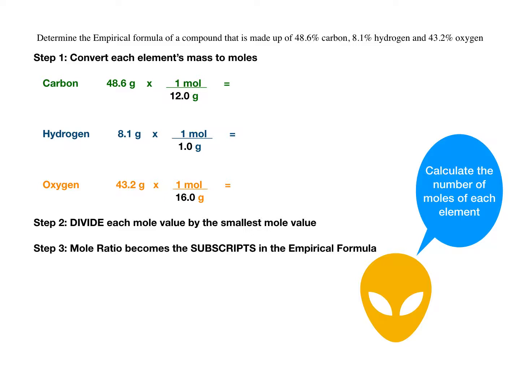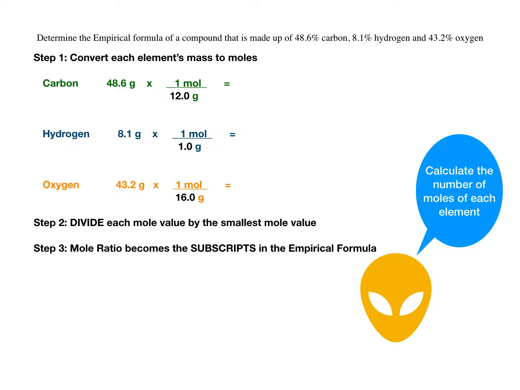The other thing we want to try to do is maintain significant figures. Our starting mass of carbon has 3 significant digits, so we should record its number of moles with 3 sig figs. Hydrogen has only 2 sig figs in its measurement, so we should record its number of moles with 2 sig figs. And oxygen's quantity, like carbon, has 3 sig figs, so we should record its number of moles with 3 sig figs.